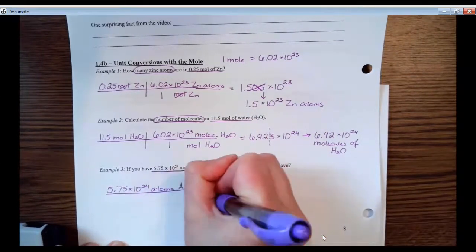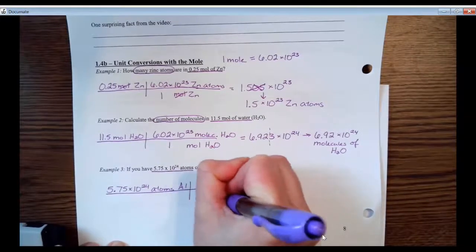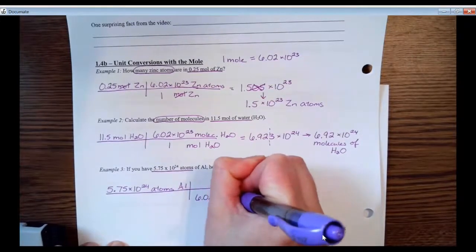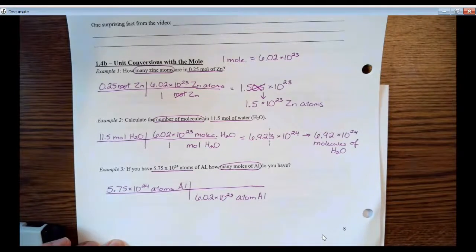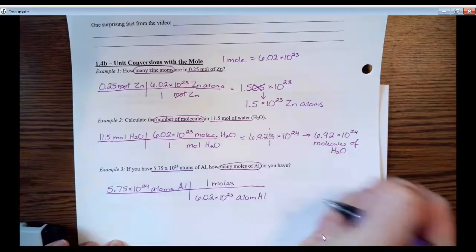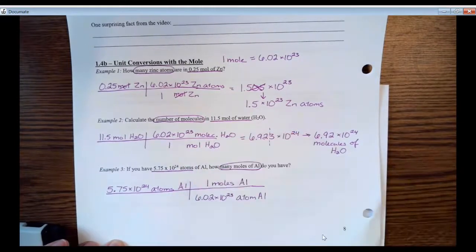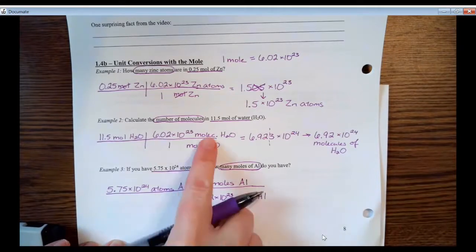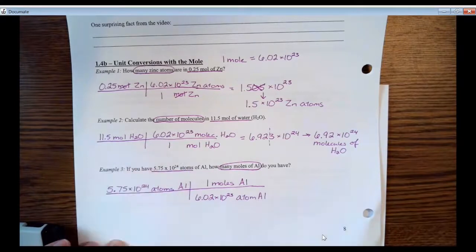So that's going to go on the bottom this time. Okay, that's how many atoms, because we're trying to find how many moles of aluminum. Okay, so 1 goes with the moles. The other number goes with the other thing. So atoms, molecules, donuts, whatever it is.